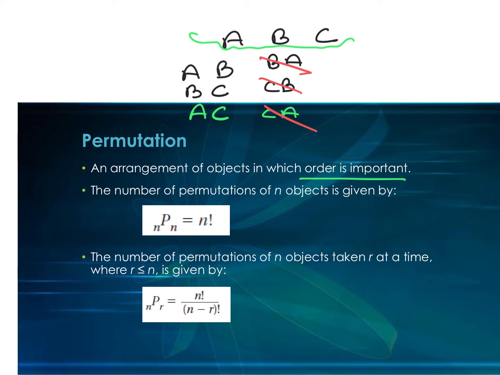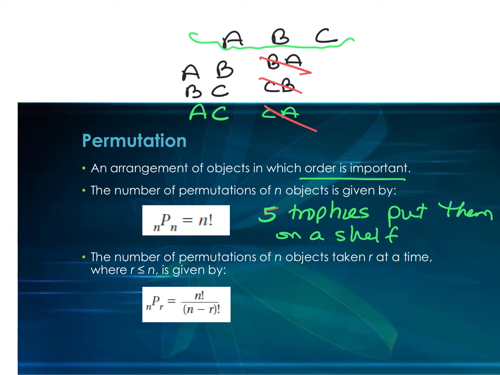So an example of this could be, let's say I have 5 trophies, and I want to arrange those 5 trophies on a shelf. I want to know how many different arrangements I can make with those 5 trophies.